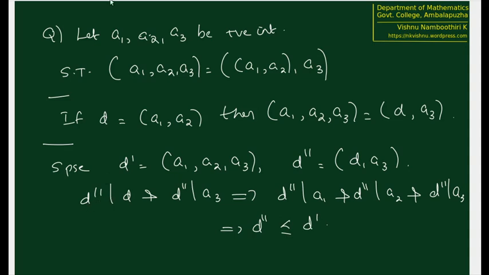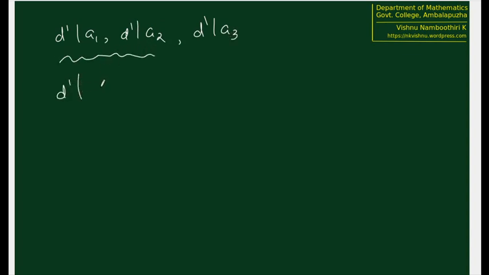Now we will show that D dash is less than or equal to D double dash. What is D dash? D dash is the GCD of A1, A2 and A3. D dash divides A1, D dash divides A2, D dash divides A3. So we are going to club these two.